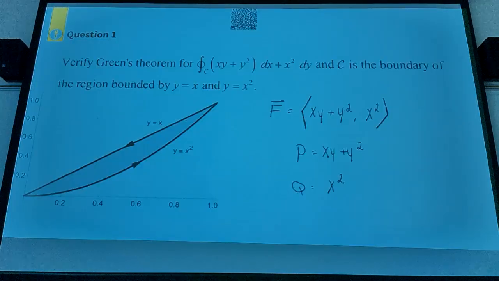And then you can choose whichever one, you can just do whatever one's easier. Nine times out of 10, using Green's theorem is going to be easier, and doing the double integral is generally going to be easier.